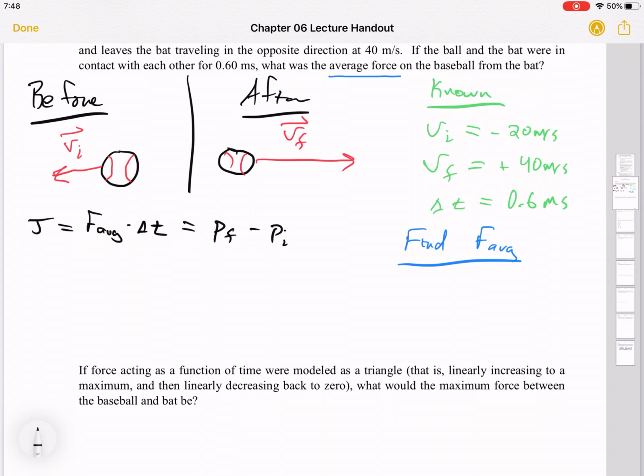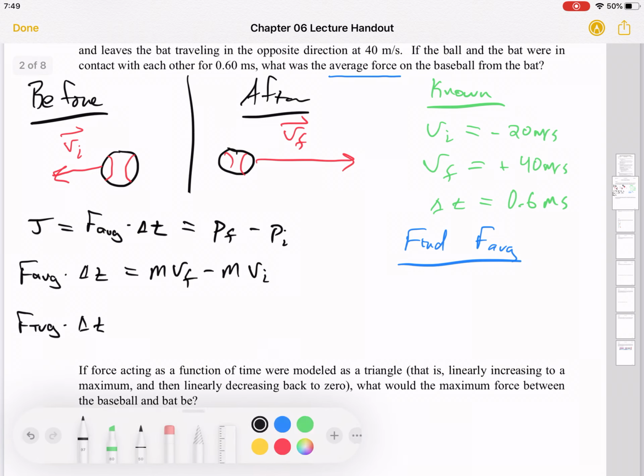Okay, so let's do another line here. F average is what I'm looking for. Delta T is something I know. I'll plug it in in a second. And this is m v final minus m v initial. If I plug those things in, F average times delta T equals, I would really like to actually put the number in.